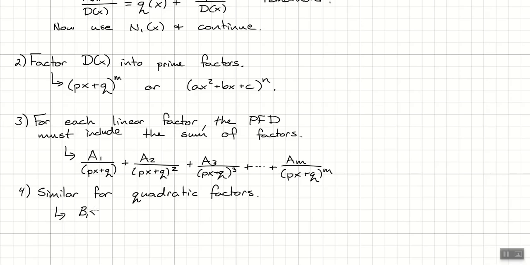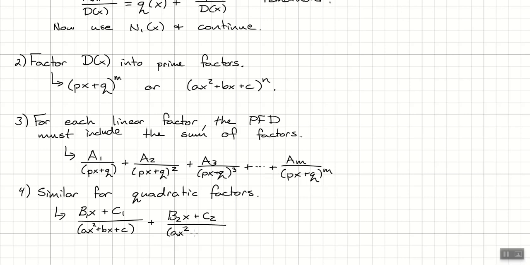B sub 1x plus C1 over, and I'm only going to write 3 of these. The first one, let's say it showed up n times like we did with the previous. We're going to have our ax squared plus bx plus c to the first power. Just like this one was to the first power, but we don't draw the 1. Plus b2x plus c2 over that same factor.